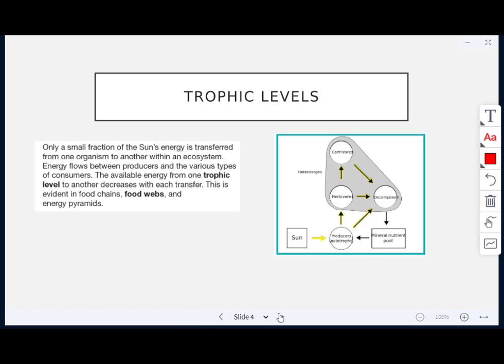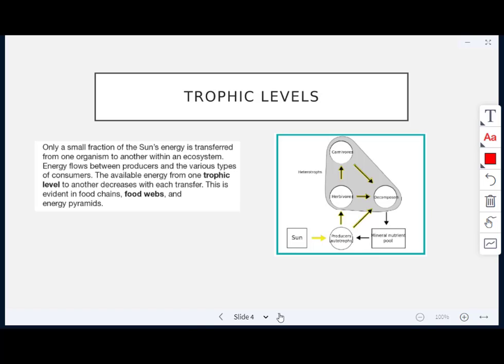Okay, so next, when we talk about trophic levels, we have to understand that only a small fraction of the sun's energy is transferred from one organism to another within an ecosystem. So energy flows between producers and the various types of consumers. But the available energy from one trophic level to another actually decreases with each transfer.